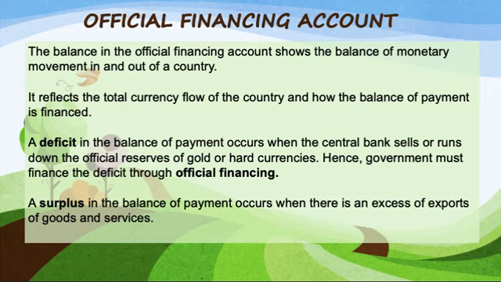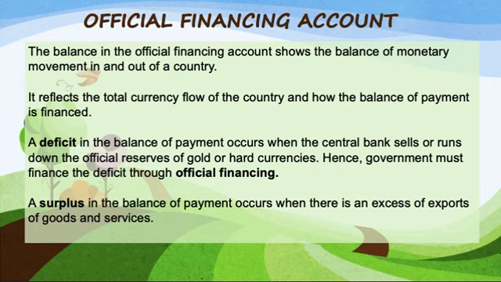Dan ada beberapa lagi government finance. Macam mana government finance the deficit through official financing. Contohnya macam buat loan daripada overseas ataupun loan dengan domestic companies. Itu antara contoh macam mana kerajaan nak finance deficit yang berlaku dalam negara.